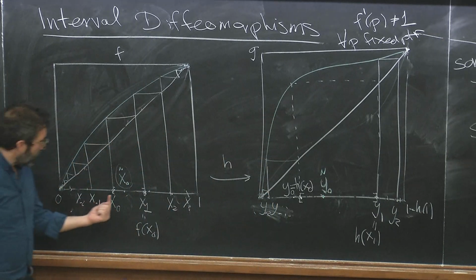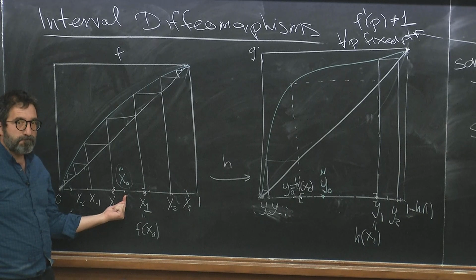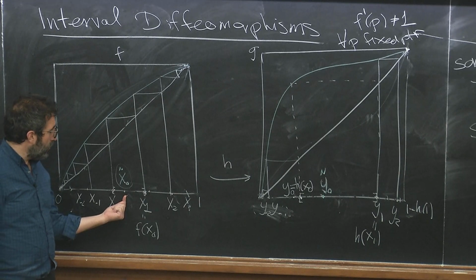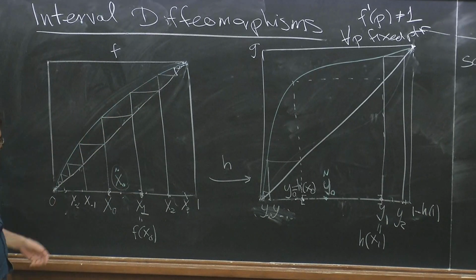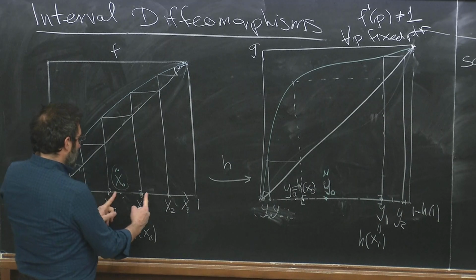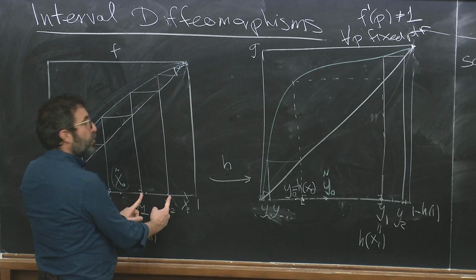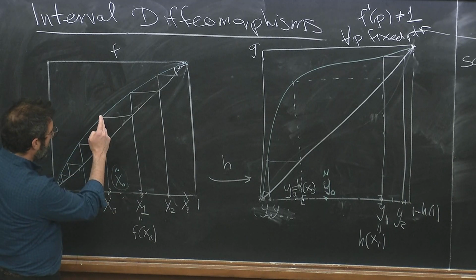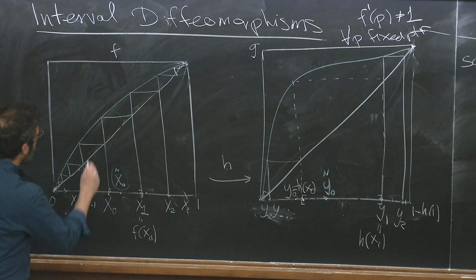So then, what do I know about the image of x0 tilde? I know, again by monotonicity of f, that this interval x0, x1 is mapped to the interval x1, x2, because x0 is mapped to x1. You can see it also in the graph.